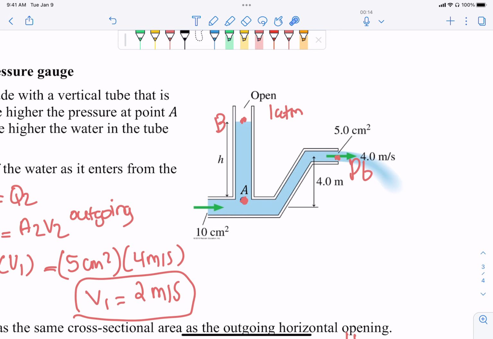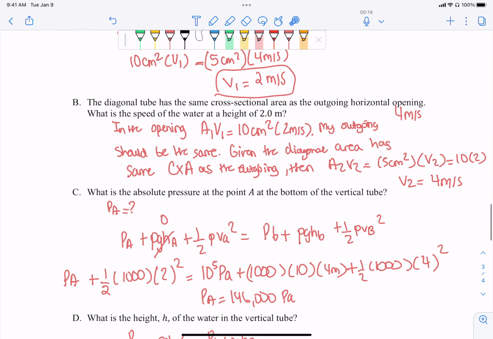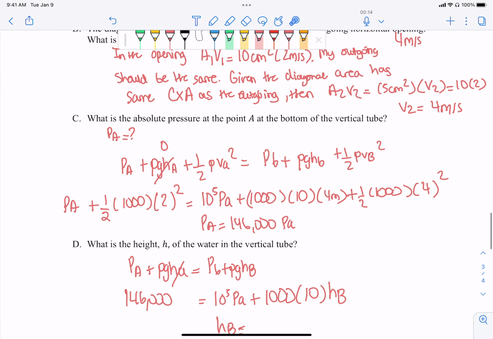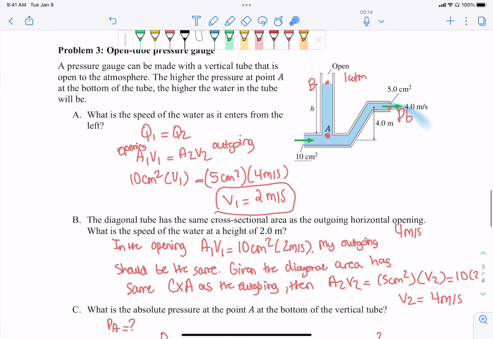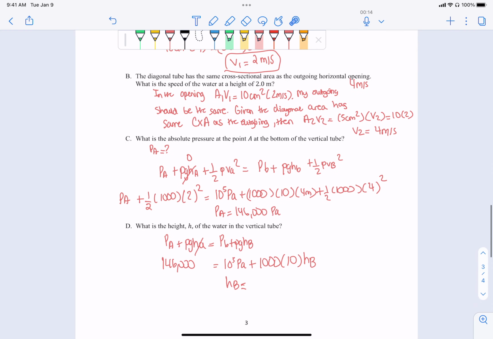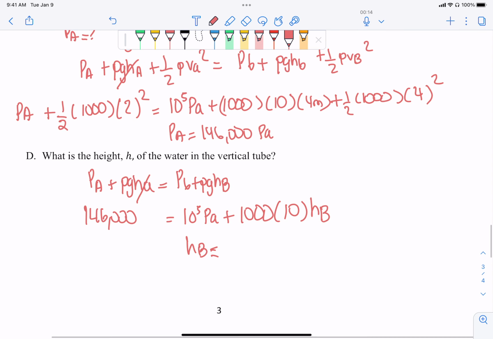So you can just use the regular equation, PA plus ρgHA is equal to PB plus ρgHB, in order to figure out the height at B here. So we can set the height at A as 0. We know the pressure at A, we know the pressure at B, and we can figure out the height at B. But yeah, that should be around 4.6 meters, I believe.